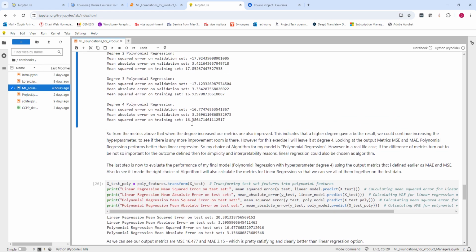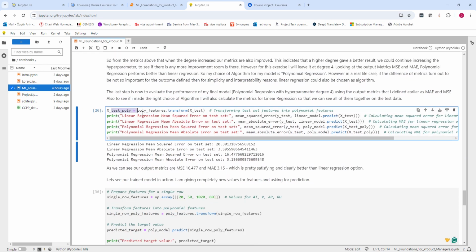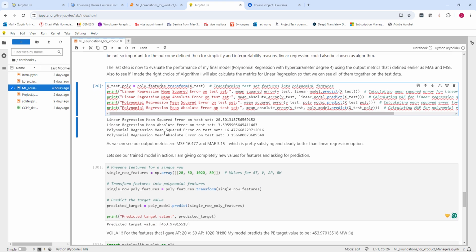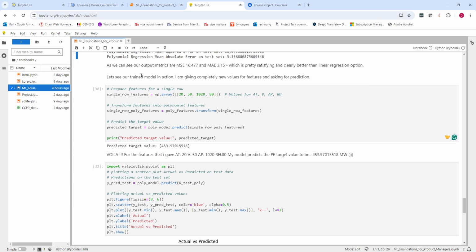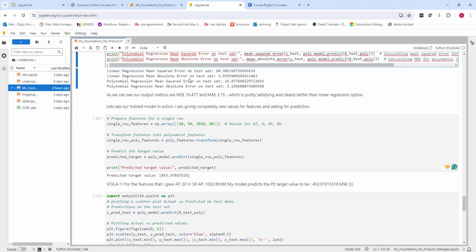So that's why now I'm testing my trained model on the test data. And I also calculated over the test data for the linear regression to see how my linear regression is acting on that. So I will see that polynomial regression acts much better, with 16 MSE and 3.15 on the test data. And in that case, my choice of polynomial regression was justified here.